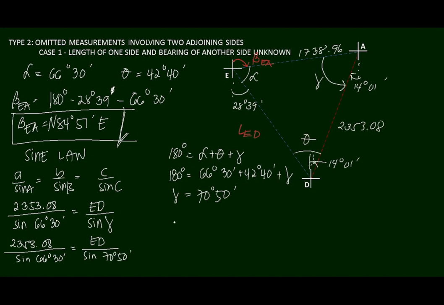Again, inputting this in your calculator, the value of my ED is equal now to 2353.08 times sine 70 degrees 50 minutes, divide it by sine 66 degrees 30 minutes.